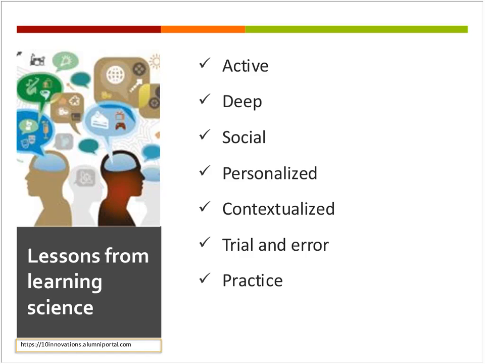Social refers to blended and interactive models, including dialogue with peers and facilitators, mentors, coaches, learning communities, so that students are articulating in their own words, in their own voice, what they're learning. It's so critical for all of us to learn how to ask for help, learn where to ask for help.